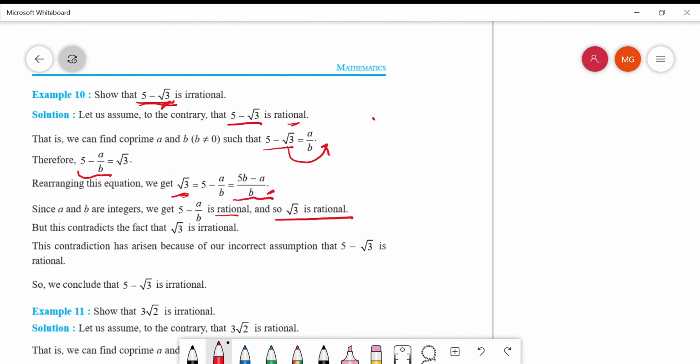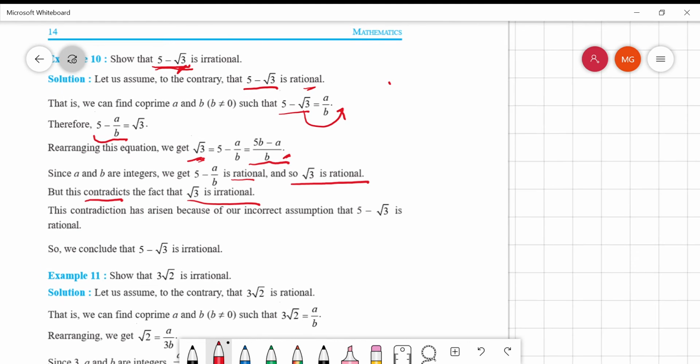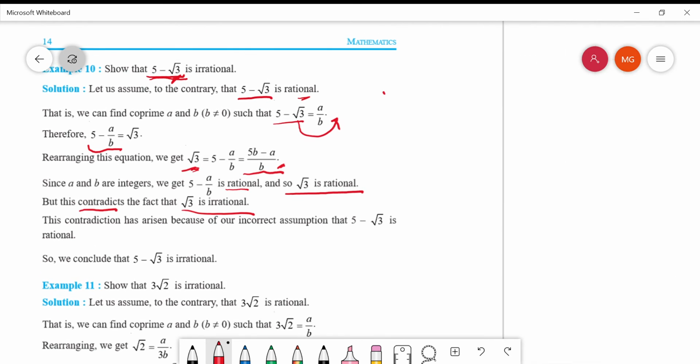But you have already proven that root 3 is irrational, so your assumption is wrong. This contradicts the fact that root 3 is irrational. Hence the whole number 5 minus root 3 is irrational. This is how you will prove it if a root value is accompanied with any other number.